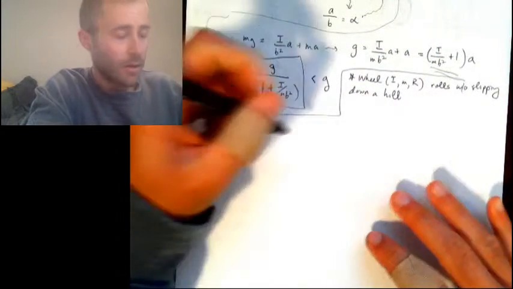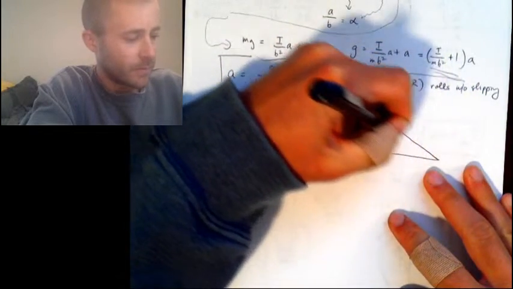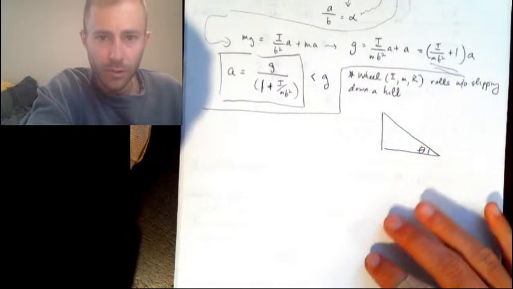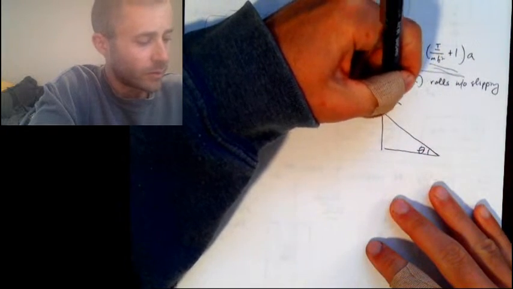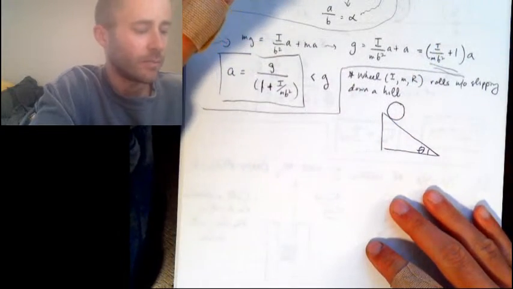The picture kind of looks like this. We have a hill that makes an angle theta with the horizontal, and then we have this wheel rolling down the hill.